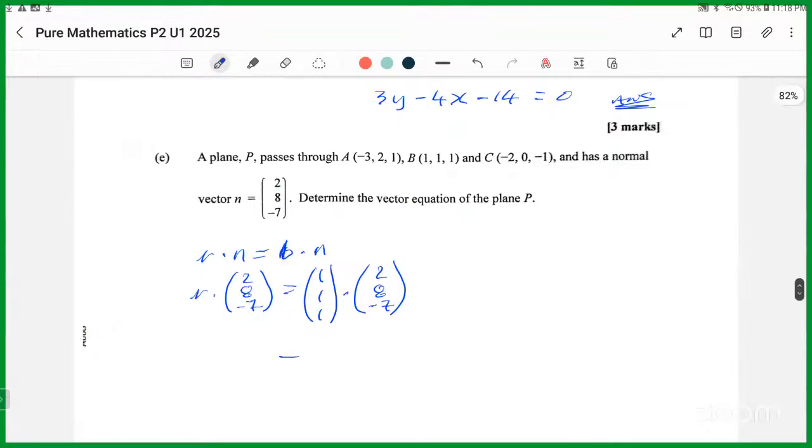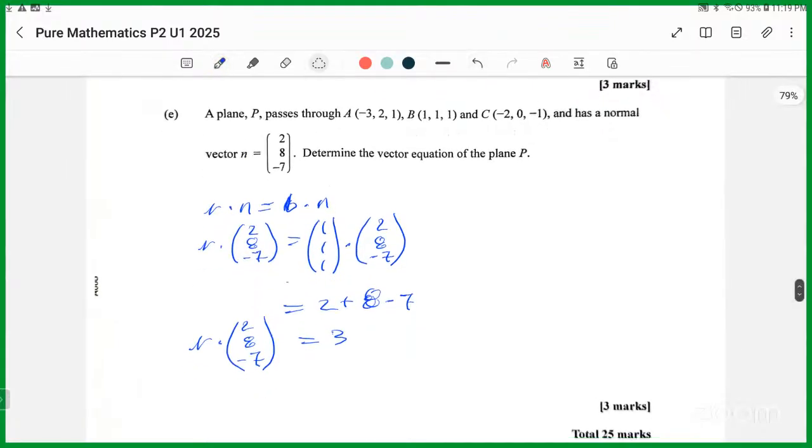And so this should become 2 plus 8, and 1 times negative 7 is negative 7. That is 10 minus 7 is 3. So r dot 2, 8, negative 7 equals 3. See the answer?